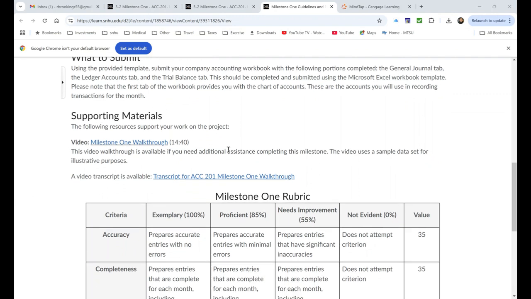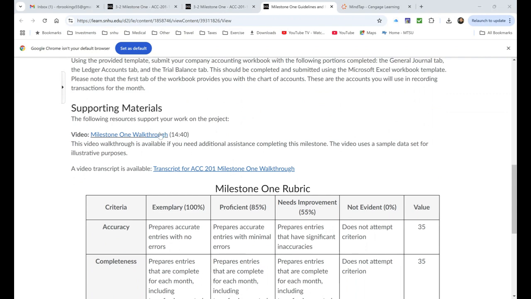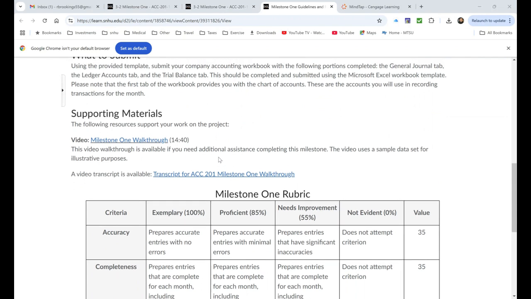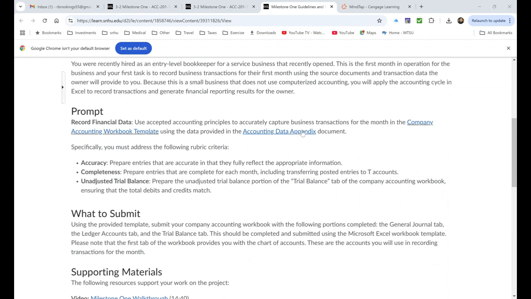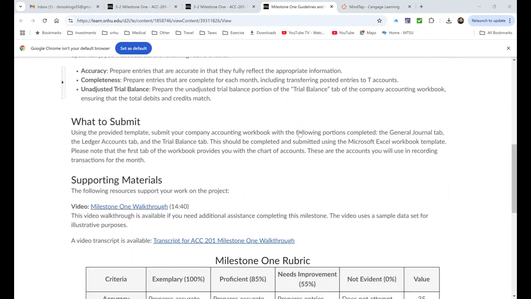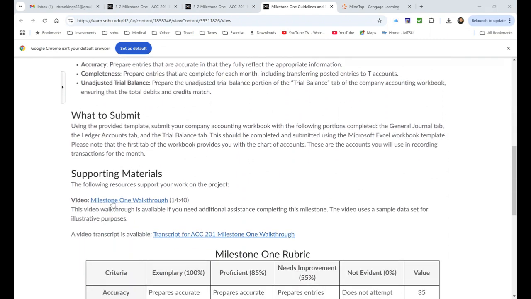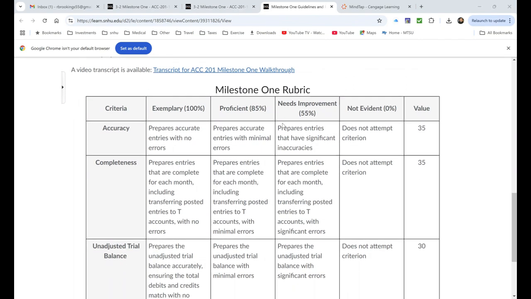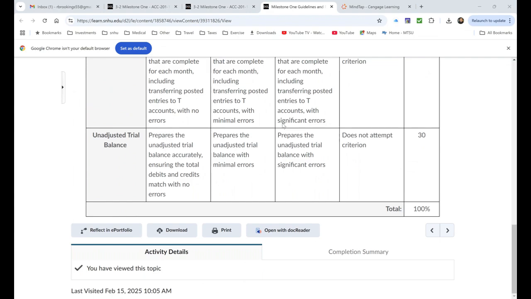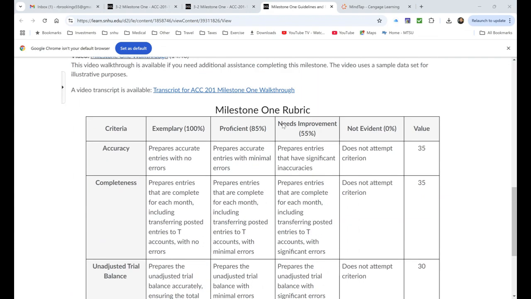So you'll download the Excel spreadsheet, and then you'll also download the accounting data appendix. And that's going to give you all of the journal entries and basically give you the whole month's transactions, and you'll just complete this, and that will update the other 2 tabs. But I would recommend you just look at milestone one walkthrough, and that should give you a pretty good idea of what is required and how to do the problem.